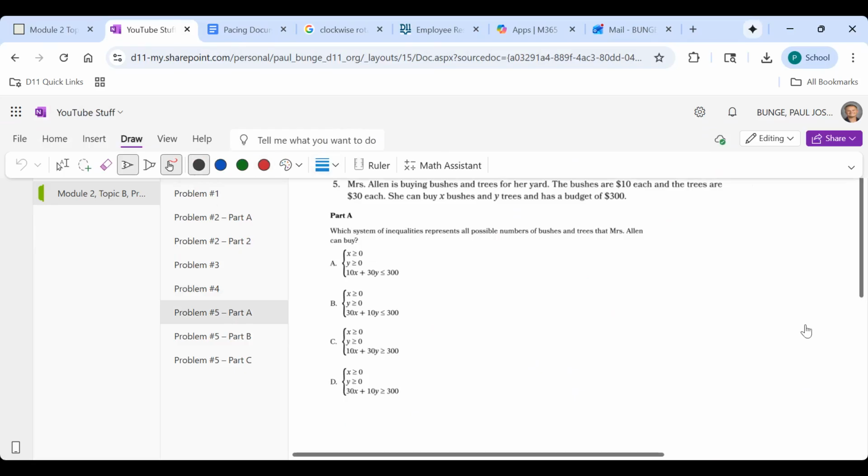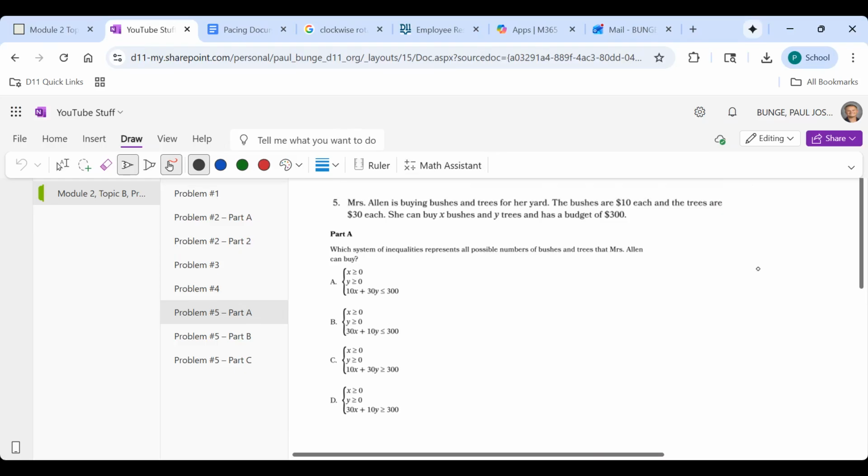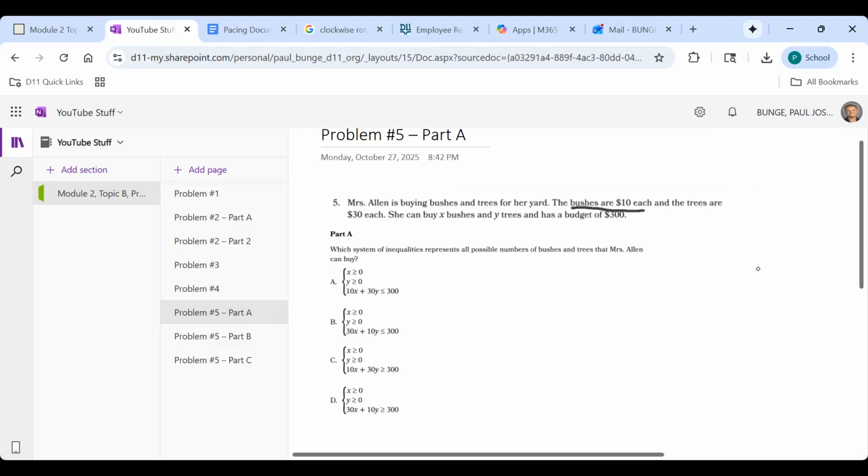Problem 5, part A, asks us to identify the system that represents this problem. Mrs. Allen is buying bushes and trees. The bushes are $10 each, and the trees are $30 each. This is important: X equals our bushes and Y equals our trees, and she has a budget of $300.